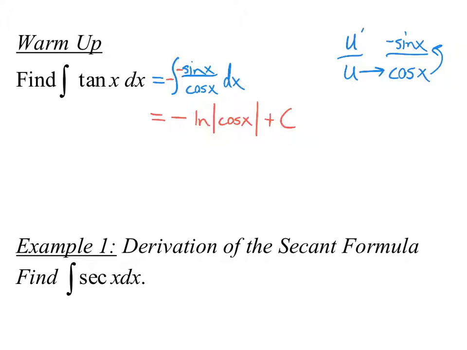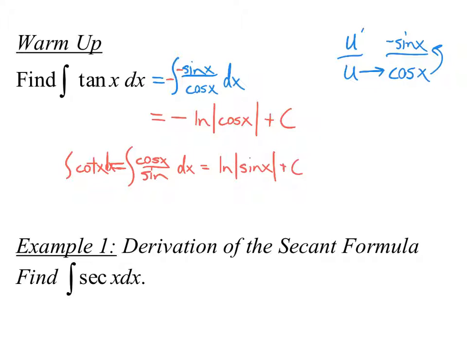Okay? And of course, cotangent could be done very similarly. Cotangent x is cosine over sine. So if I'm taking the integral of cotangent of x dx, I'm taking the integral of cosine over sine dx, and if sine is u, the derivative of sine is cosine, so I actually don't have to do anything to this one, and it's just ln of the absolute value of sine of x plus c.